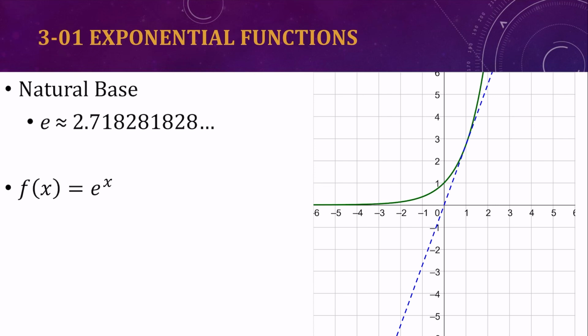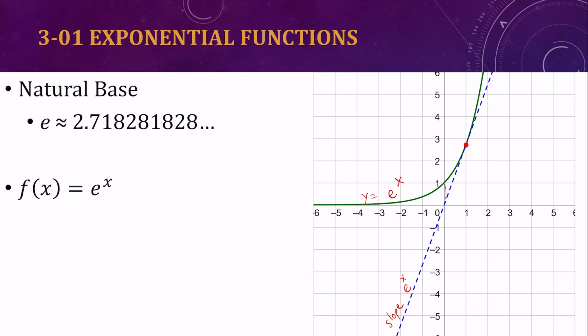The fun thing is if I pick any point on my function, e to the x, such as right there at 1, the y value of my function is e to the 1, which is just e. Turns out the slope of the tangent line is also e to the x, or in this case e to the 1.